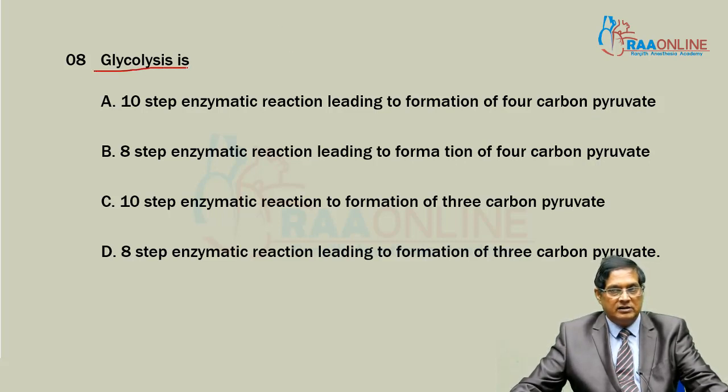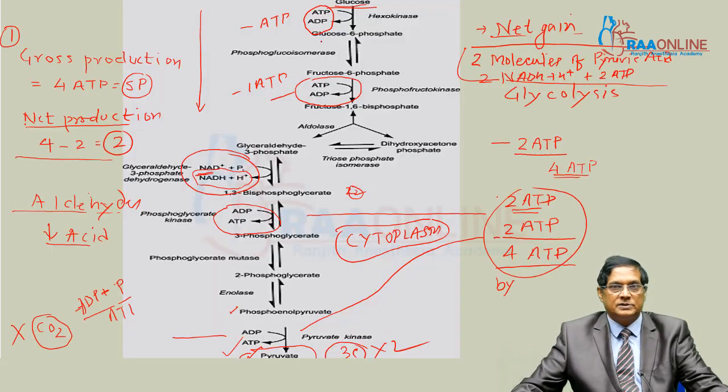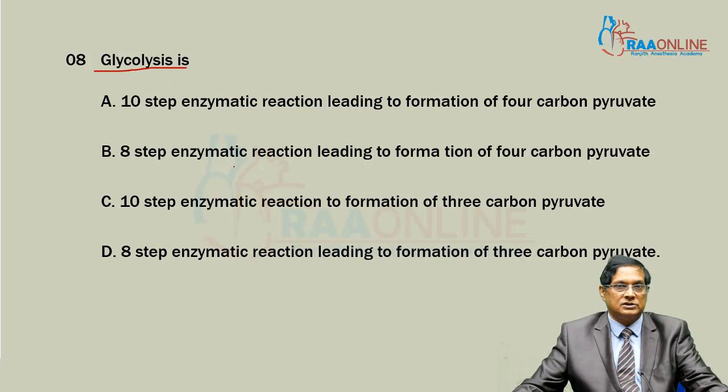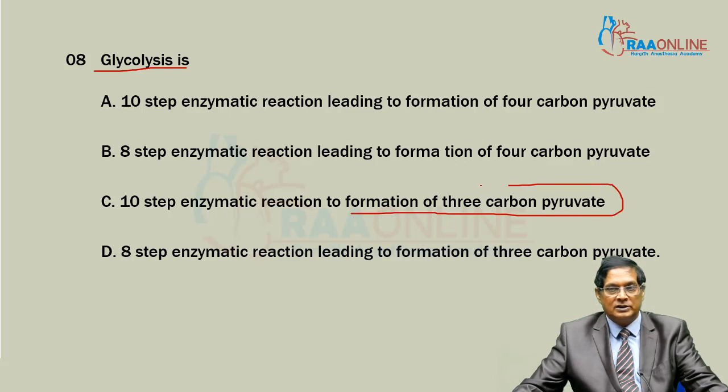The next question: glycolysis is a process with 10 steps. 1, 2, 3, 4, this is the 5th one, 6th, 7th, 8th, 9th, 10th. A total 10 step process, forming a 3 carbon compound, that is pyruvate.